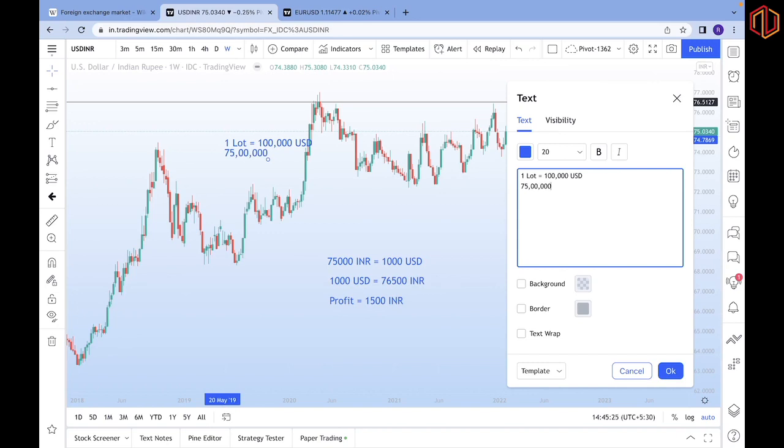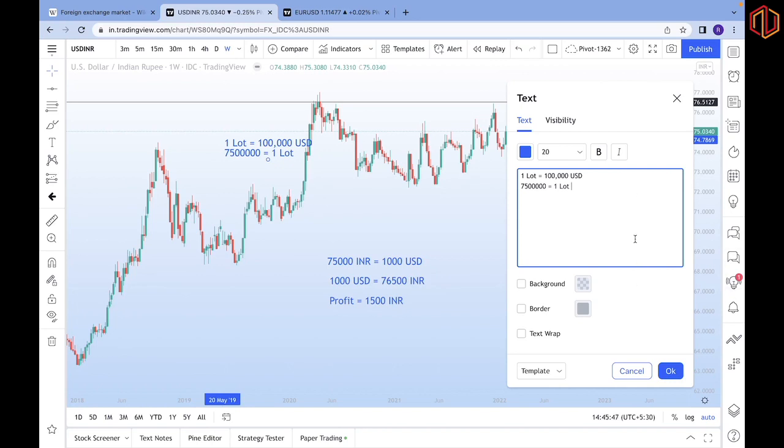So we have 75,000 and add 2 more zeros to that, that is 75 lakh rupees. That is equal to one lot, because the value is 100,000 US dollars, right? So in INR, it's 75 lakh rupees.